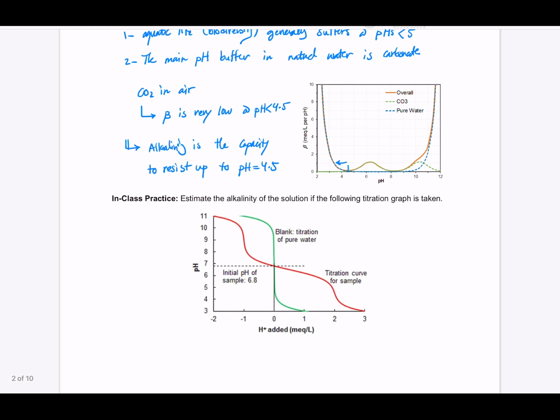So to do a quick practice, we have this titration curve, which we had in the titration lecture. This is the sample. This is pure water as a reference point. The initial pH is 6.8 basically. What's the alkalinity of this sample? We're adding acid and lowering the pH.